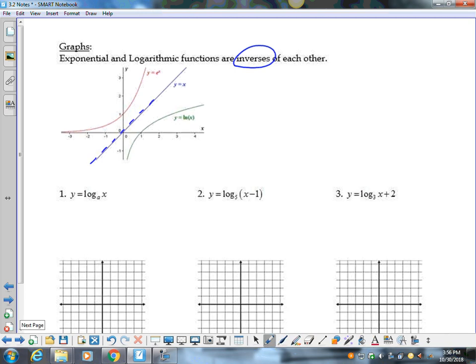So if your exponential function goes through the point 0, 1, then his inverse is going to go through the point 1, 0. If your original function had a horizontal asymptote, your inverse is going to have a vertical asymptote.